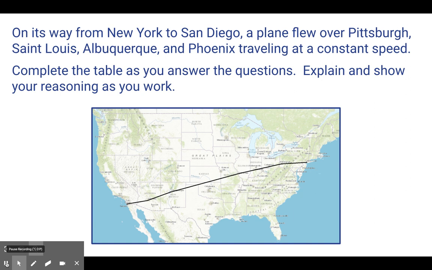The first question, after you've completed the table on the student companion, says, what is the distance between St. Louis and Albuquerque? Now, on the table, you might realize that the time that was elapsed was an hour and 42 minutes. So the distance would be 935 miles.